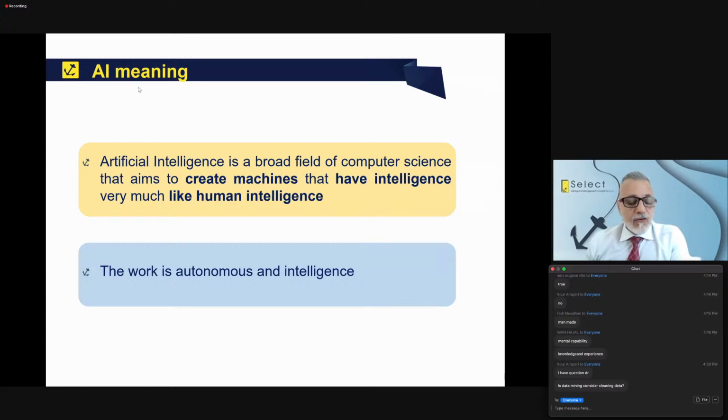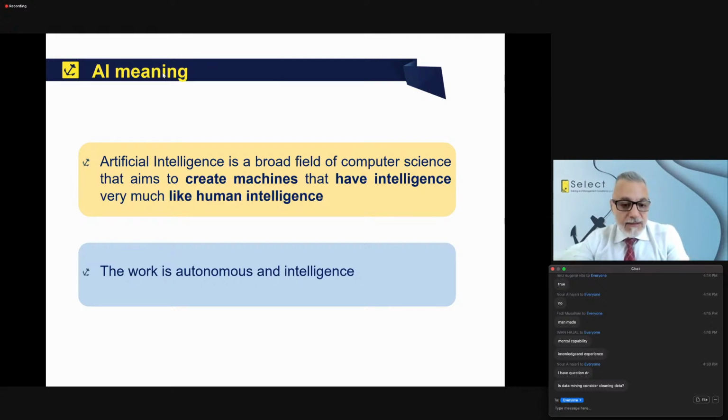So that means if you look at the definition, there are many definitions, but the best one which reflects real artificial intelligence is: a broad field of computer science that aims to create machines that have intelligence very much like human intelligence. What that means is decision making, that's it. And the important thing is the work is autonomous and intelligent. Autonomous means working independently.